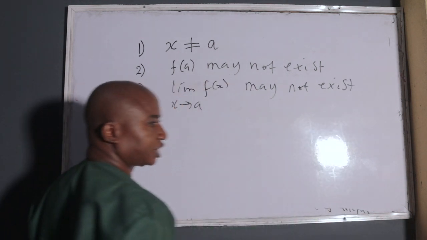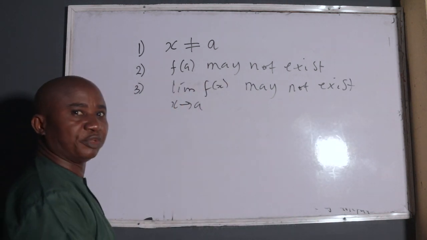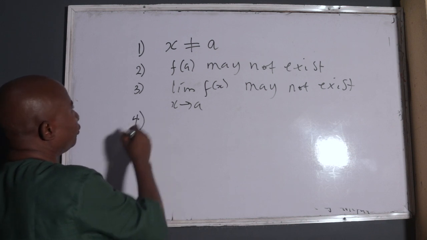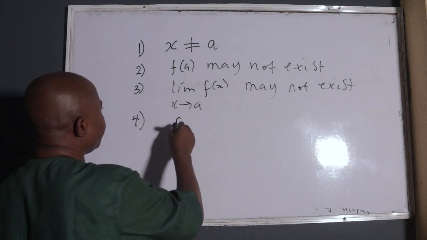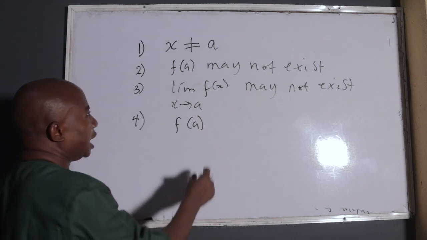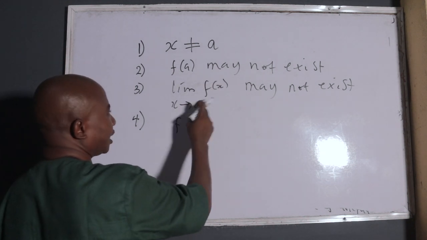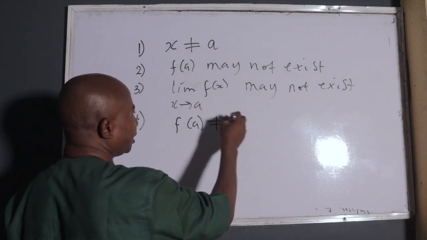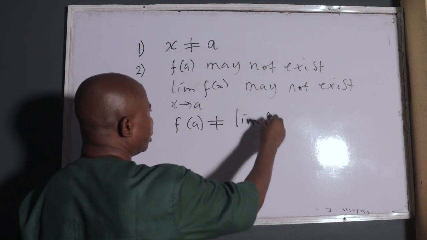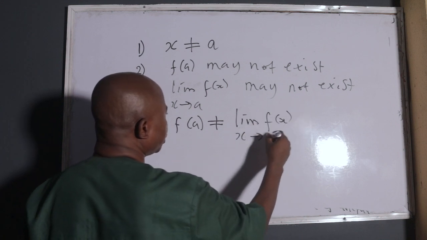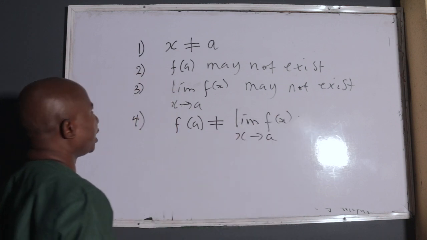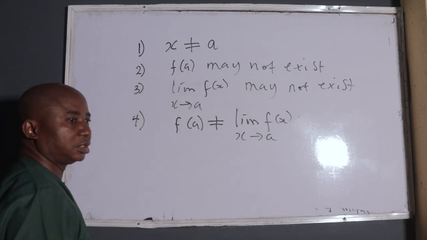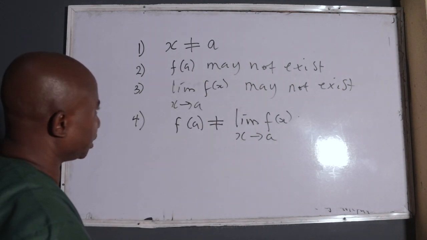So it is not compulsory that given a function the limit must exist. Not necessarily true. Number four is that even if f of a exists and limit of f(x) as x approaches a also exists, it's possible that f(a) is not equal to the limit of f(x) as x approaches a. So these are important facts we should bear in mind anytime we deal with limit of functions.